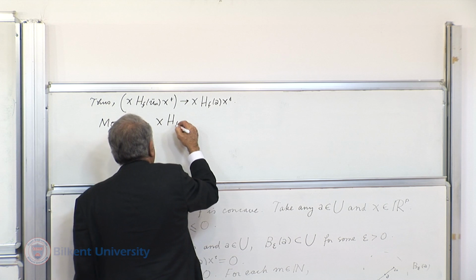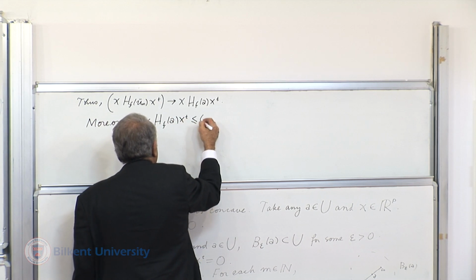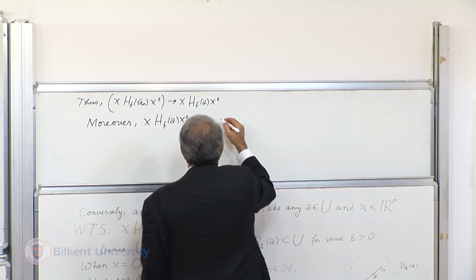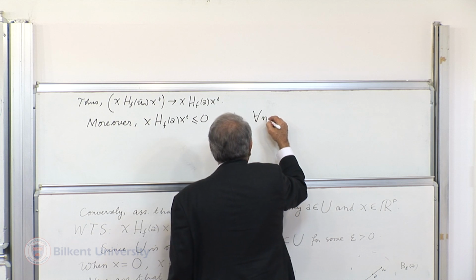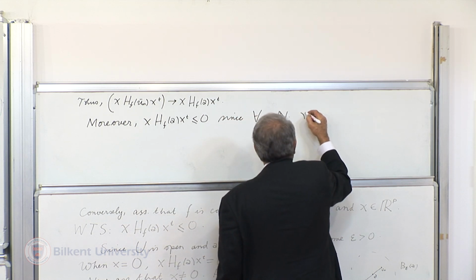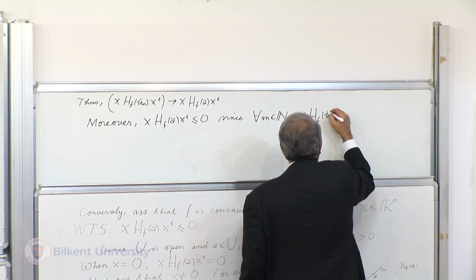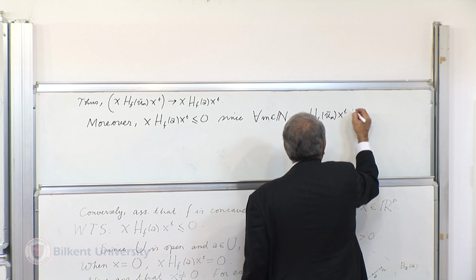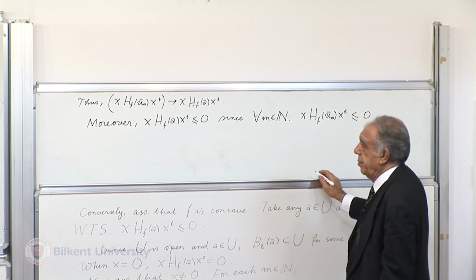Moreover, x h sub f of A x transpose is less than or equal to 0, since for all m in N, x h sub f u bar m x transpose is less than or equal to 0.